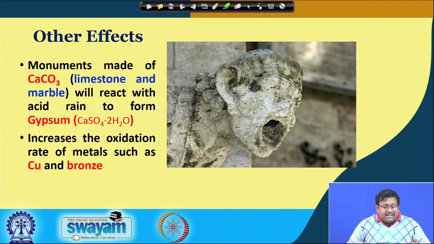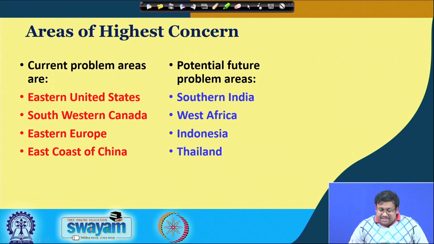So it increases the wearing of limestone and marble. It also increases the oxidation rate of metals such as copper and bronze. As you can see, this is a monument damaged by acid rain. This also shows the negative impact of acid rain on our current civilization.